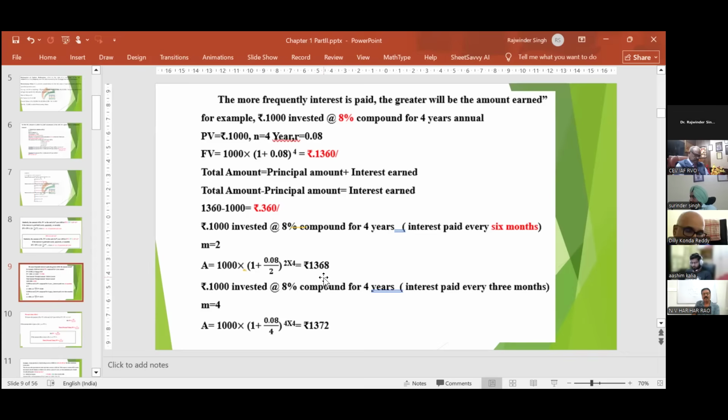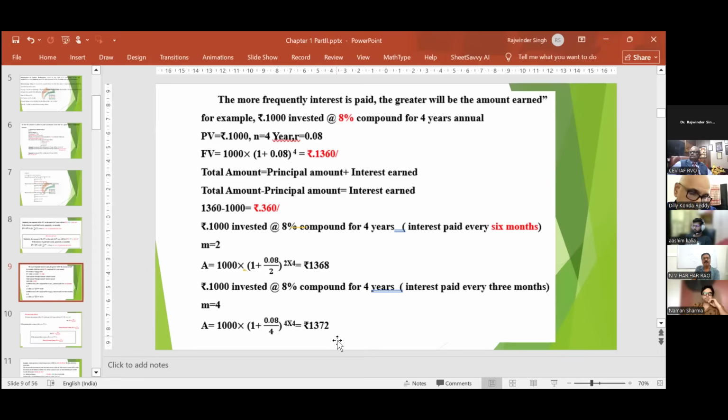And if the compounding is done quarterly, then what will happen? Instead of 4, the number of compoundings will be 4 into 4, 16. And the rate of interest will be 0.08 divided by 4. You will be getting rupees 1,372 instead of 1,360.